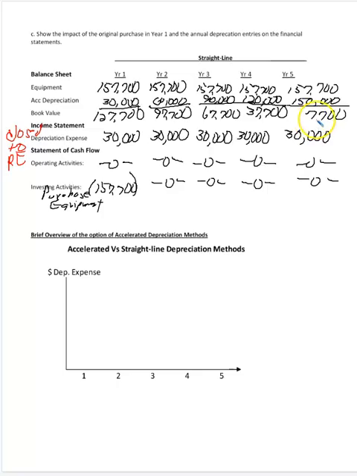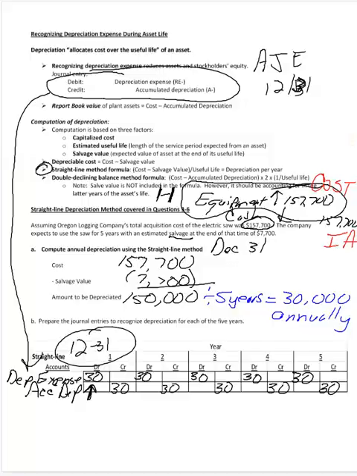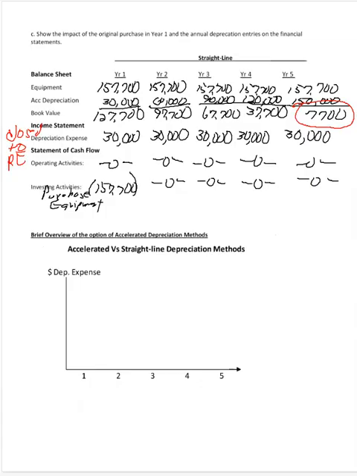Now, let's pay attention to this $7,700. We've seen that number before. That was salvage value. So, at the end of the asset's useful life, its book value will equal the salvage value. That's what the accountant is trying to get to happen. Book value will equal salvage value.